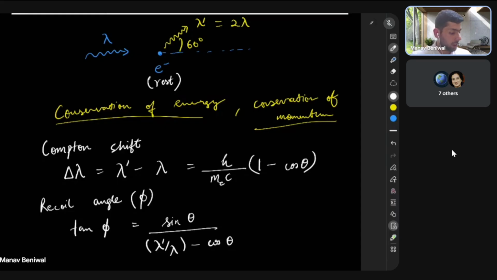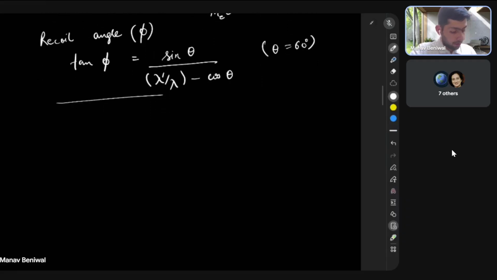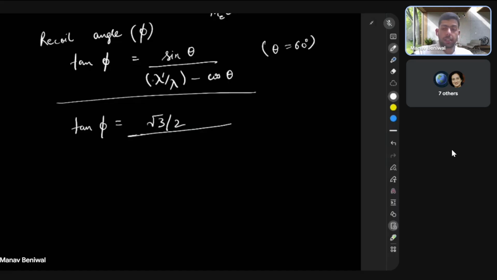Okay, so theta we are given as 60 degrees. So now using this equation, we are given theta is 60, so our tan phi will become, sin 60 is root 3 by 2, and then lambda prime is 2 times lambda, so this is simply 2, and cos 60 is 1 by 2.